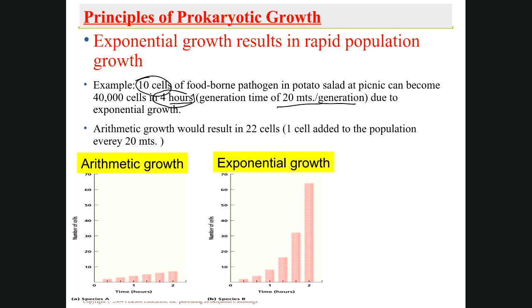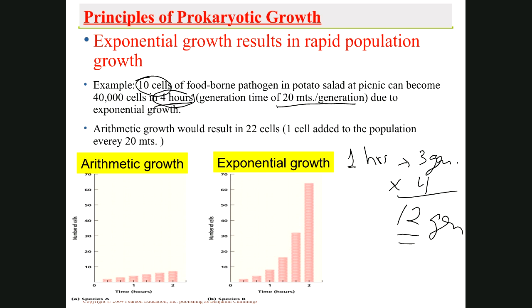So every 20 minutes, the population doubles in numbers, and we start out with 10 cells. That means we're going to have 3 generations in 1 hour. But we're going to be doing this for 4 hours, which means that the population is going to double in numbers 12 times in 4 hours.